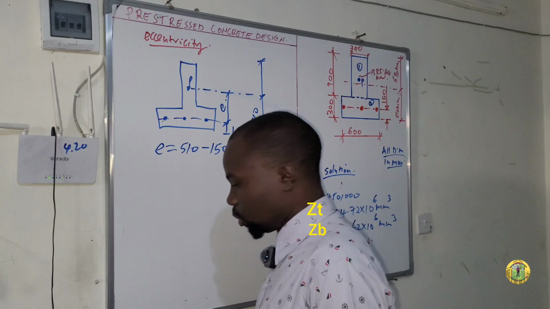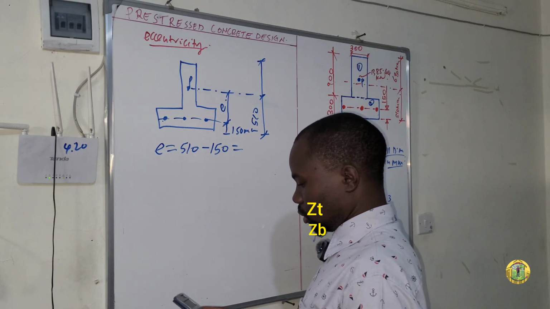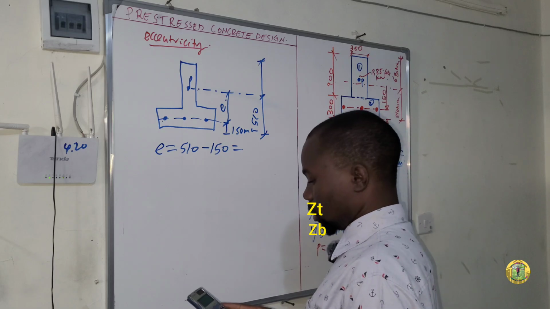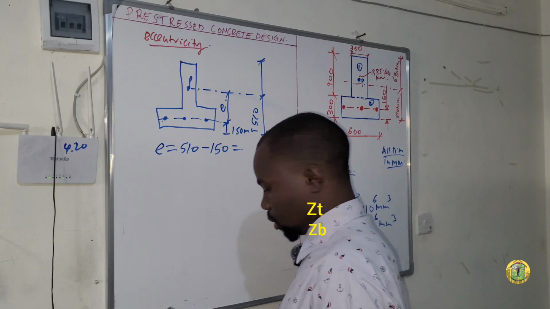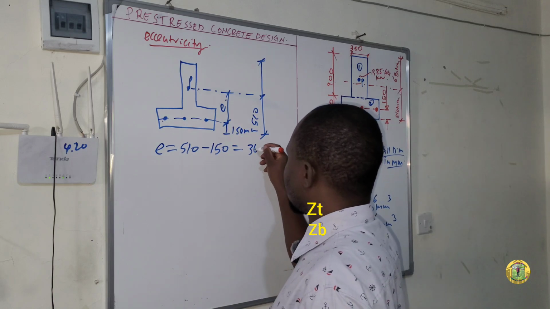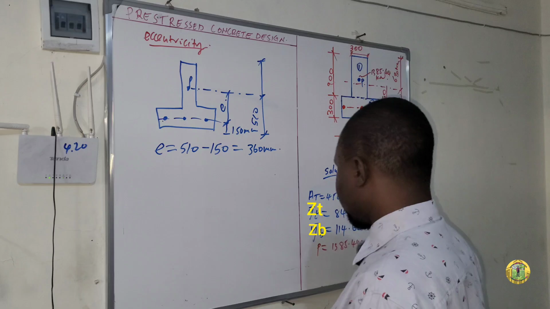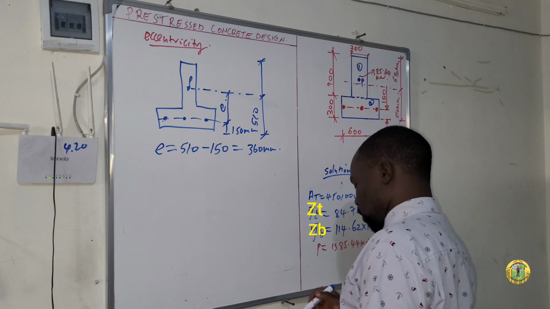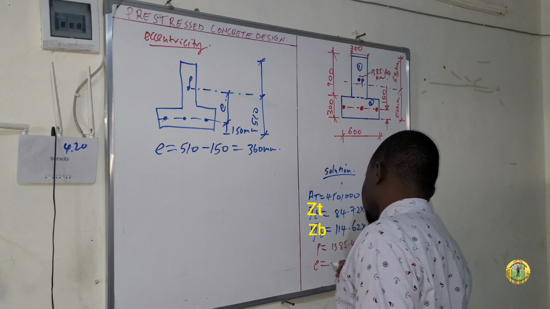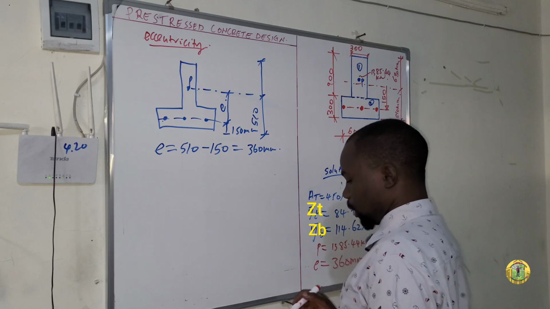So this one is equal to 510 minus 150. So this is 360. So you can come here as well and say E is equal to 360 millimeter.